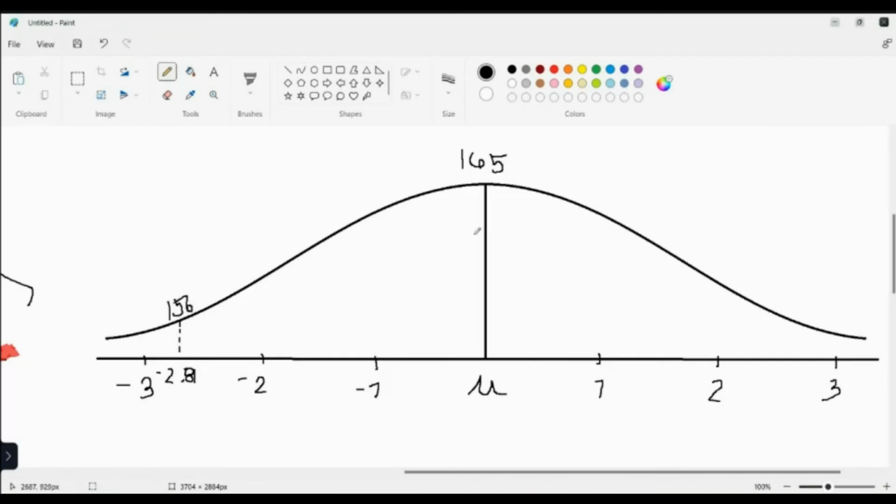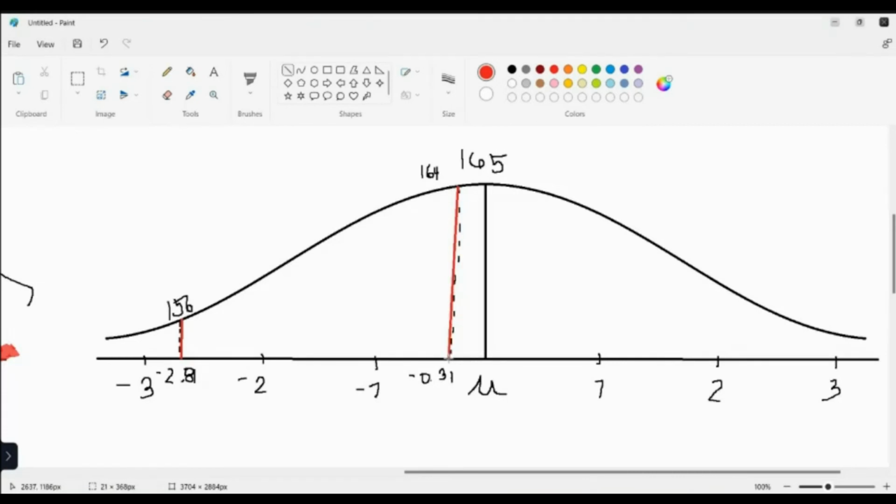And negative 0.31. This is 164. And we'll shade in between, right? Between 156 centimeters and 164 centimeters.